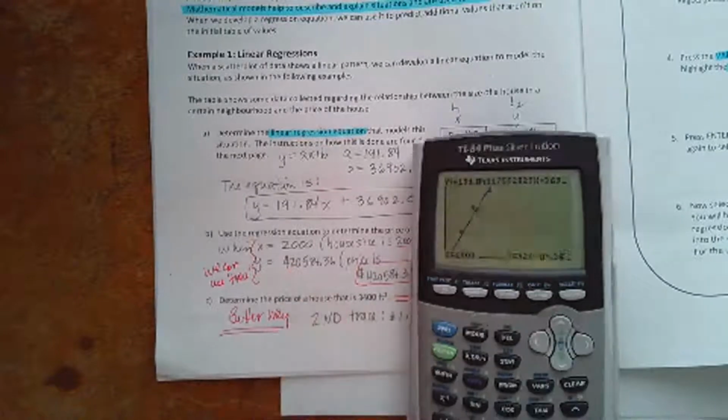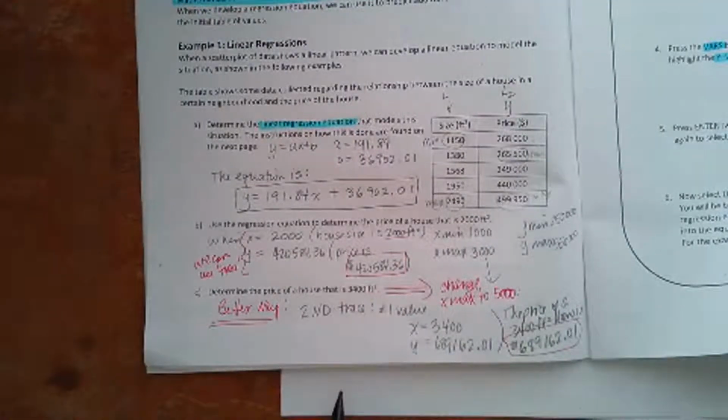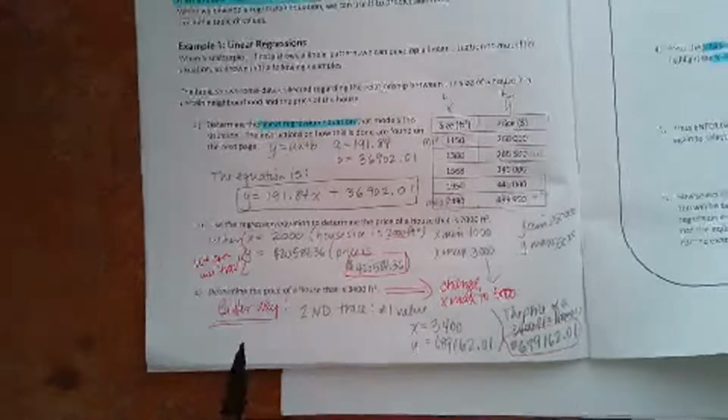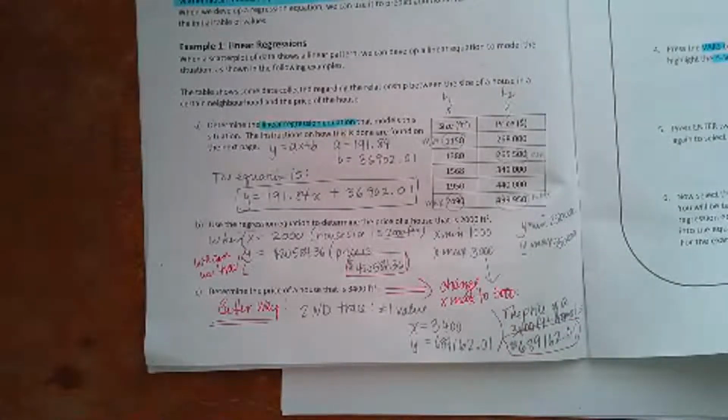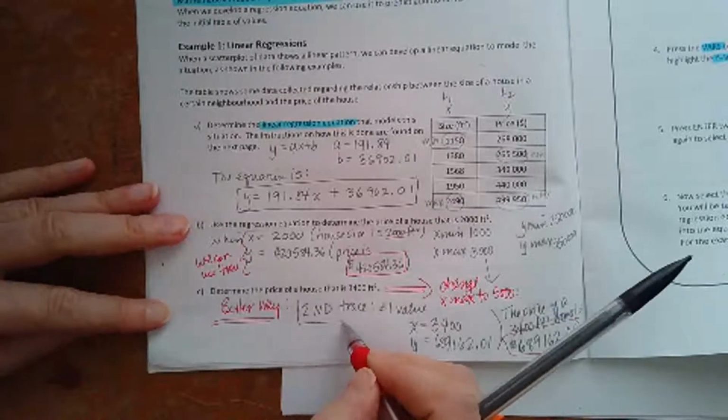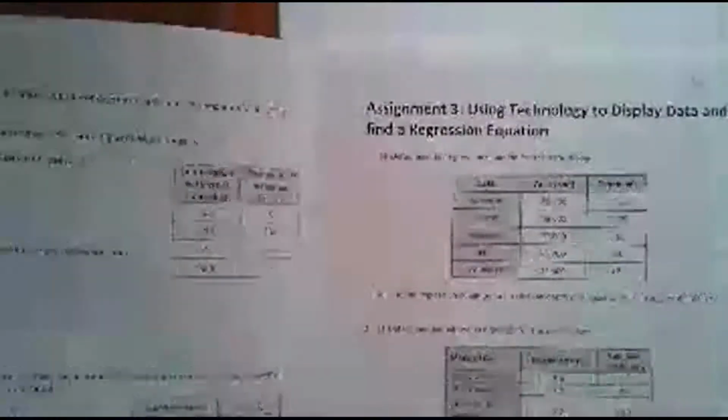See? So this is the better way. Some students like trace because it's really easy, you just go up and down and you can see the numbers changing. But the best way is to use this method. So just go second. I'm just going to let you look at this and try that question again.